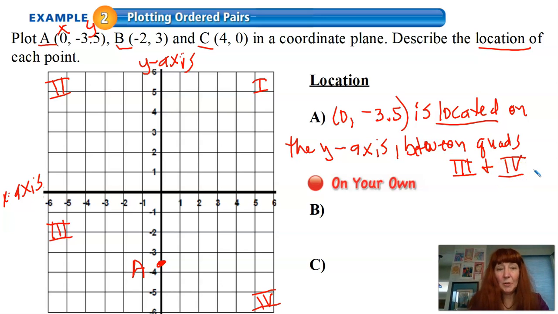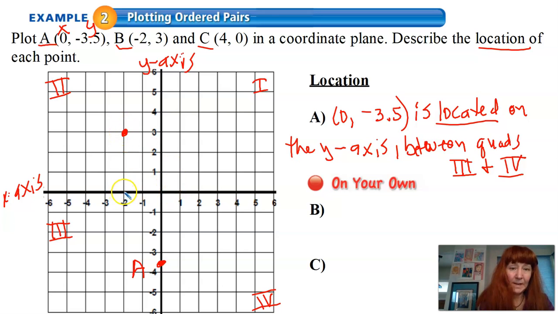Okay, so now I want you to graph B and C and then describe the location. Maybe it's in quadrants 1, 2, 3, or 4, or maybe it's on the y-axis, or maybe on the x-axis. Okay, pause the video. This is for you. So you're graphing -2, 3. So I start at the origin. I go over 2. I go up 3, right?